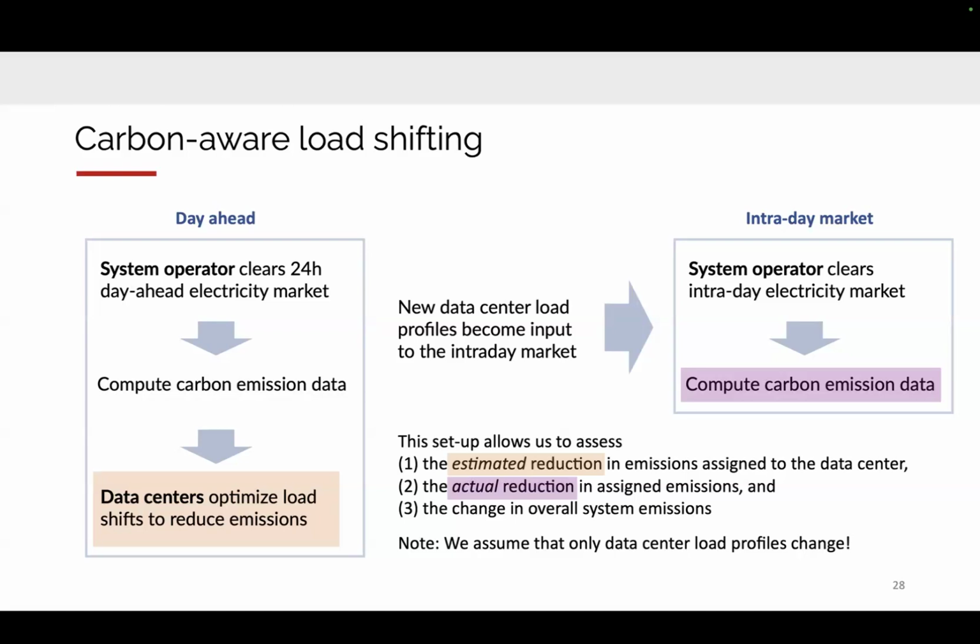When I get this carbon emission data, I can now take that data and again compute data center emissions. There can be a discrepancy here because when the electricity market clears and I get new carbon emission data, this data might be different from that data, right? So you're going to consider both the estimated reduction that the data center thinks they can achieve and then the actual assigned emissions.